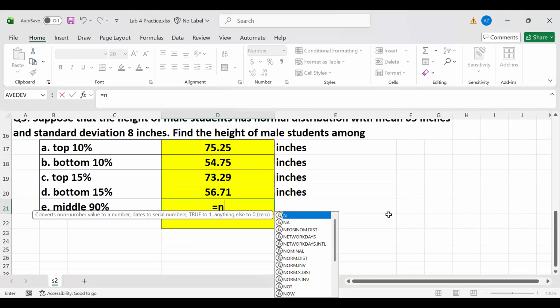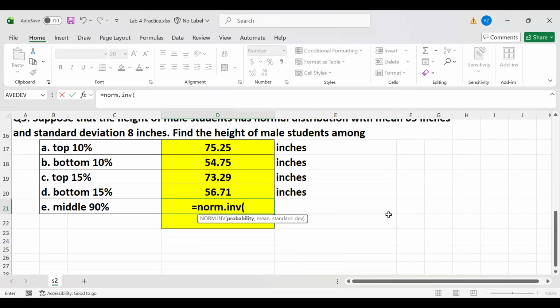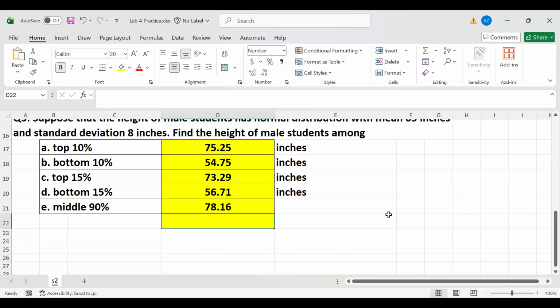So for the bigger one, we do NORM.INV, and an area for the bigger height, you can do 90% plus 5%, so 95%. Mean of 65, standard deviation of 8. That'll be the bigger height on the right tail.